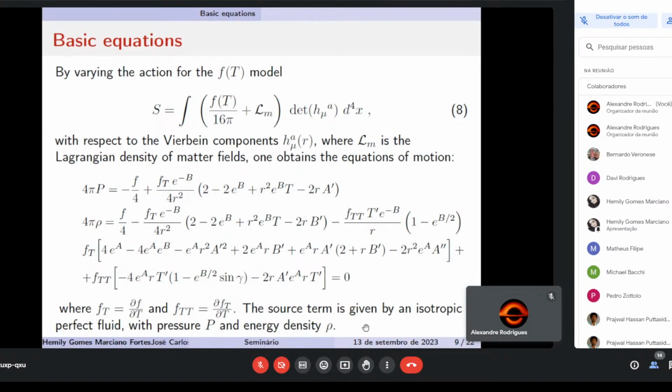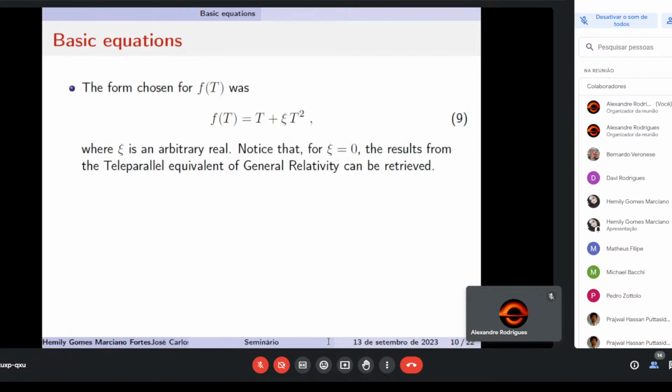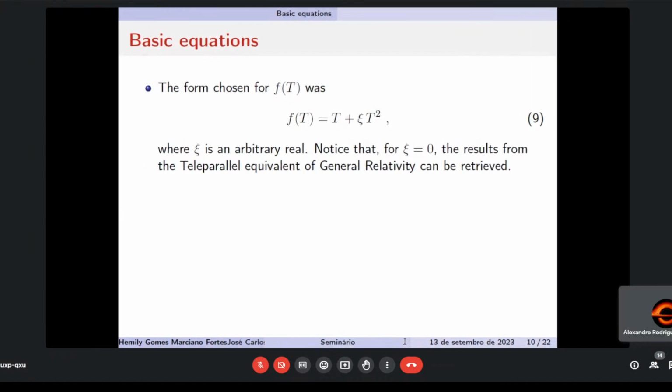So the first term is given by an isotropic perfect fluid with pressure P and energy density ρ. We can choose the form for F(T) in the way we want, but it's common to begin with a simpler form. The simplest form we can think of is to add a quadratic term in T. So this c is an arbitrary real constant.